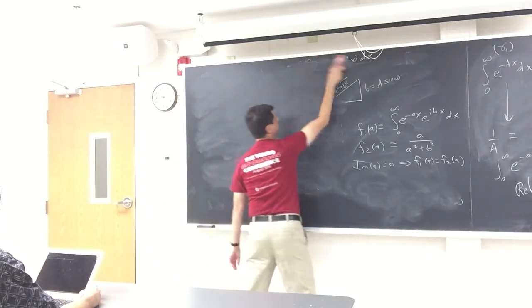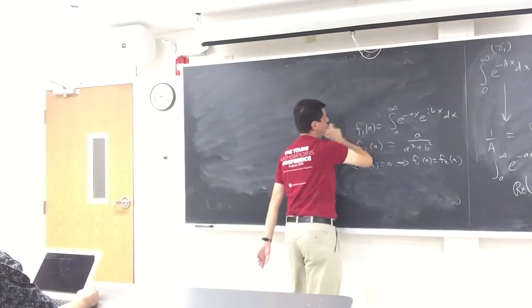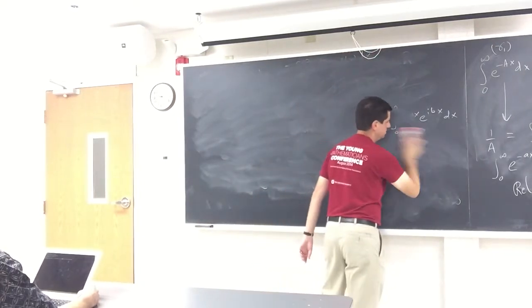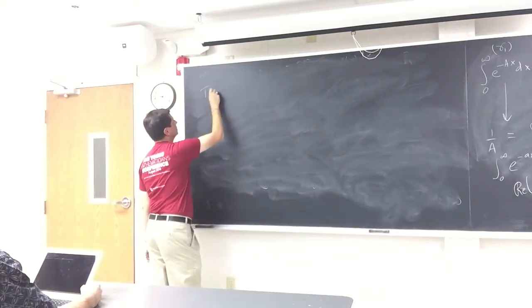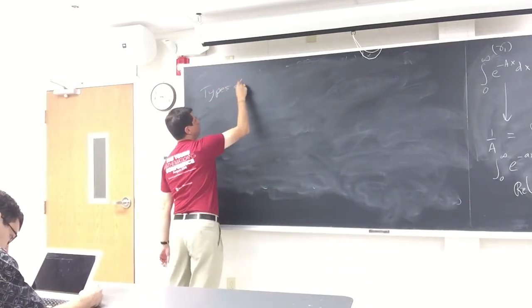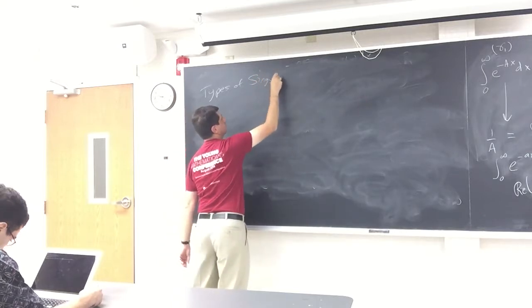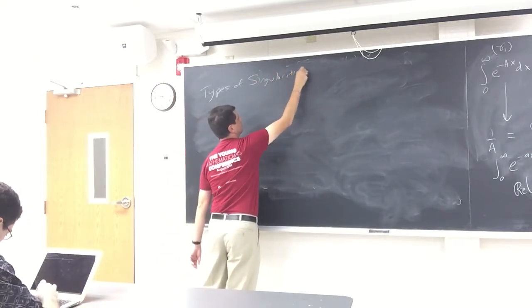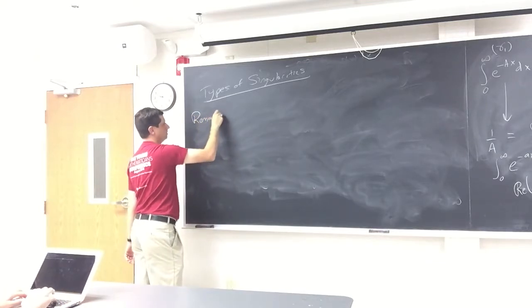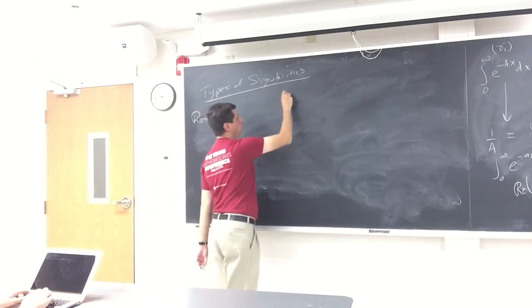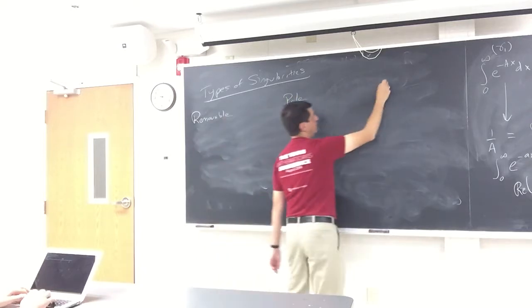Let me just start with some definitions that will prepare us for the next class. So, types of singularities. We have removable, we have pole, and we have essential.